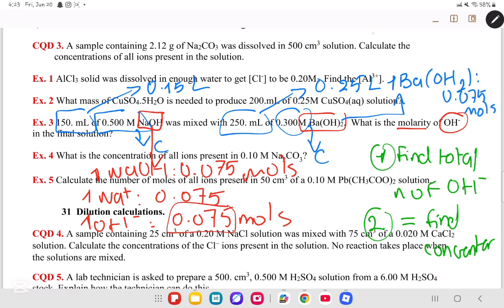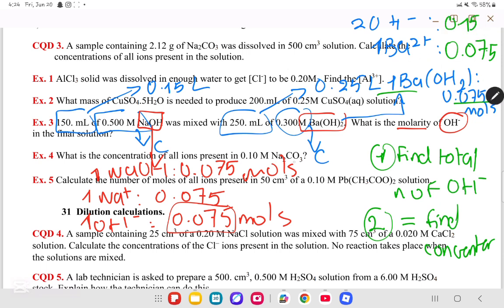But if you separate it into its ions, you will have one Ba2 plus and two OH minus, in order to balance it. So if 1 gave us 0.075, then 2 will give us 0.075 times 2, which is 0.15 moles.